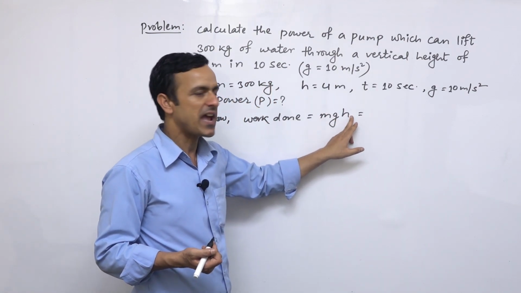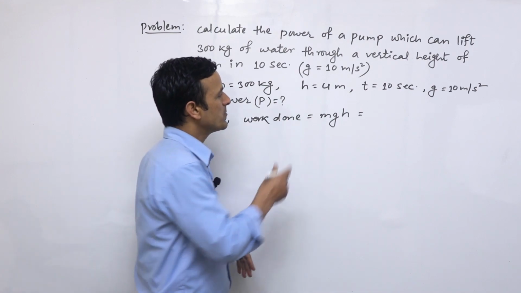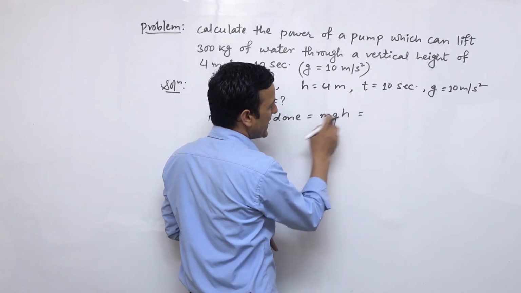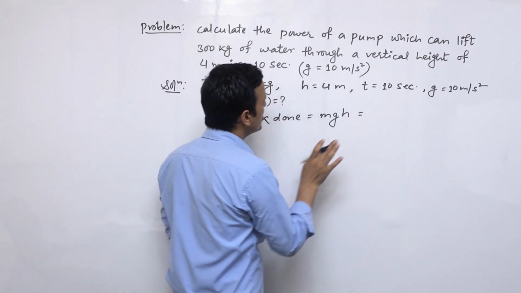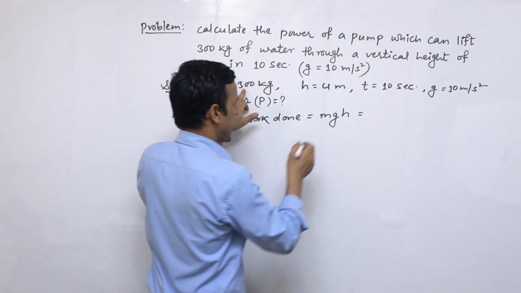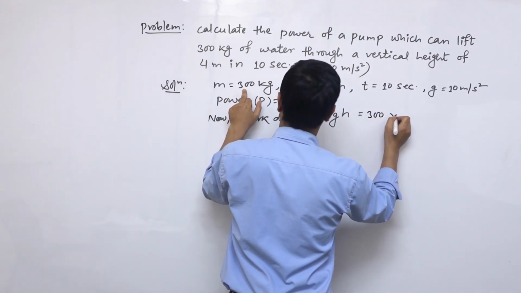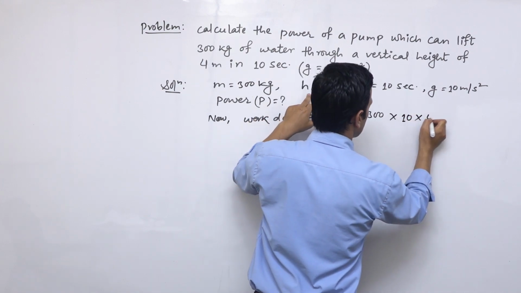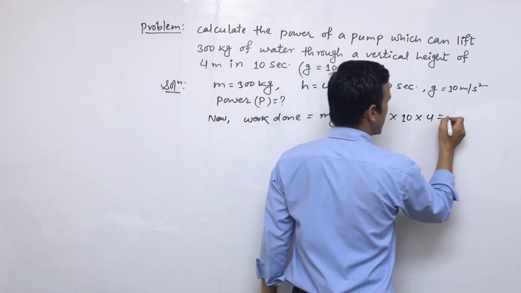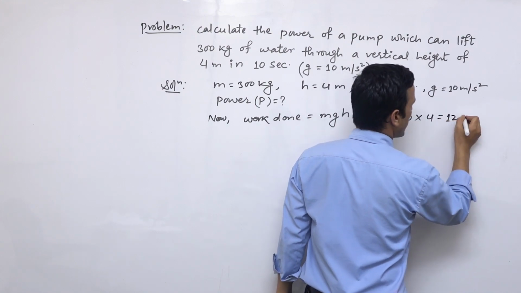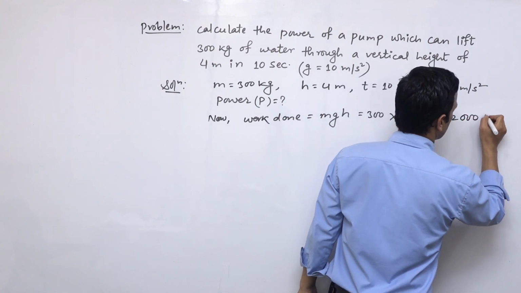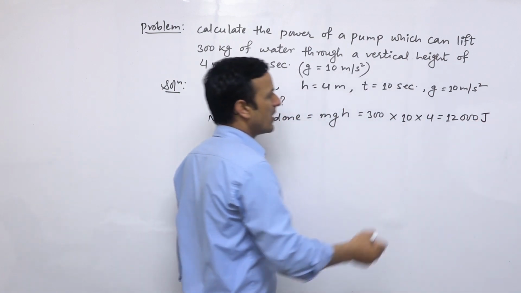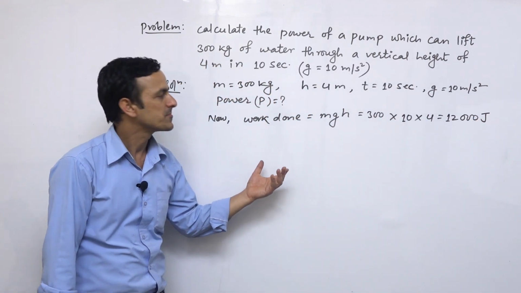That means F into S, जुन हामीले पहिले गर्यौं, force into displacement, and mgh, that is same thing. And we have the value of m, write down 300 into gravity is 10 and height is 4. So 4 3s are 12 and we have altogether 12,000 joule of work done.